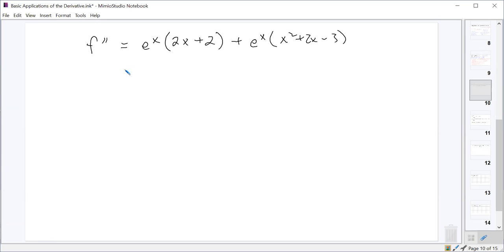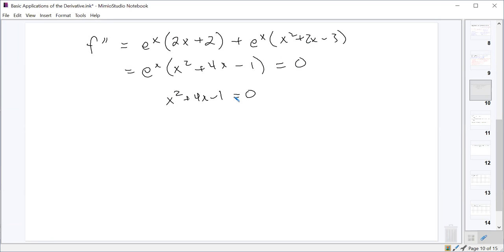And once again, we can factor out the e to the x, leaving us with x squared plus 4x minus 1. And that's never going to be undefined, but it will equal 0 whenever x squared plus 4x minus 1 equals 0.